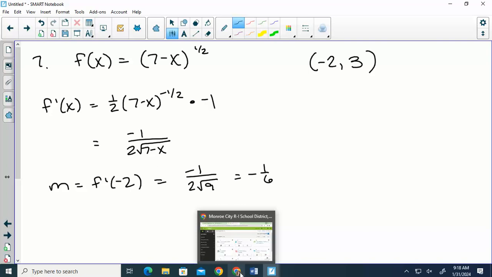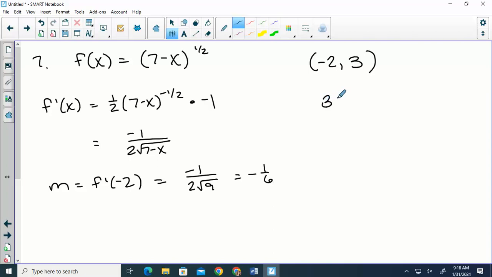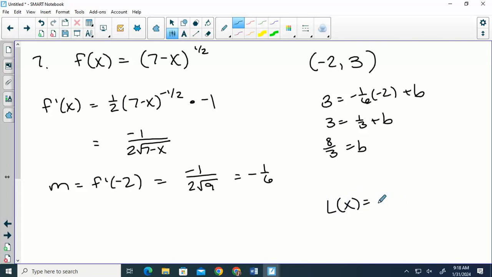All right, so plug into y equals mx plus b. So we get 8/3. So the linear approximation is -1/6 x plus 8/3.